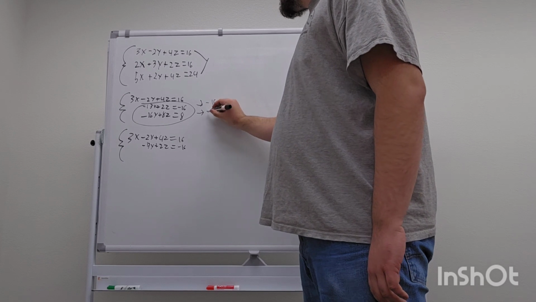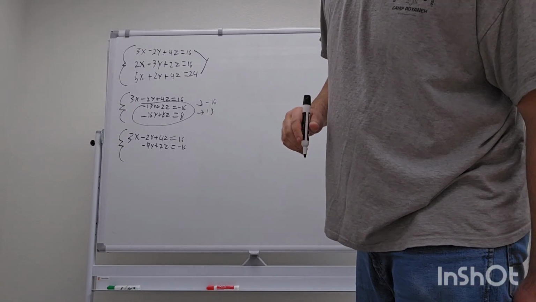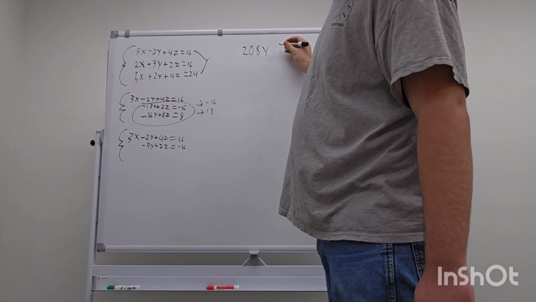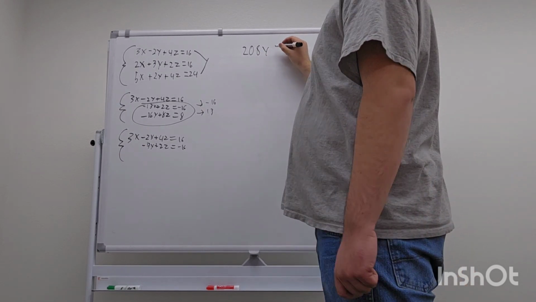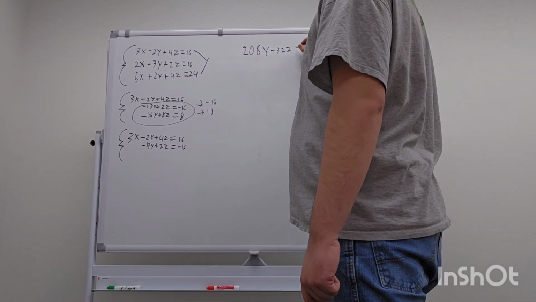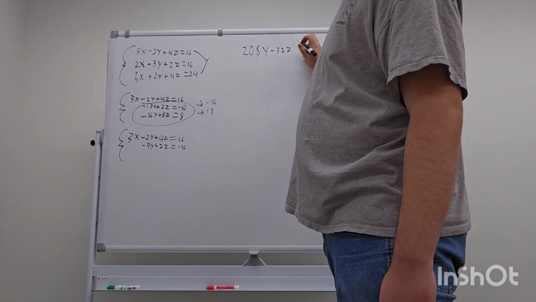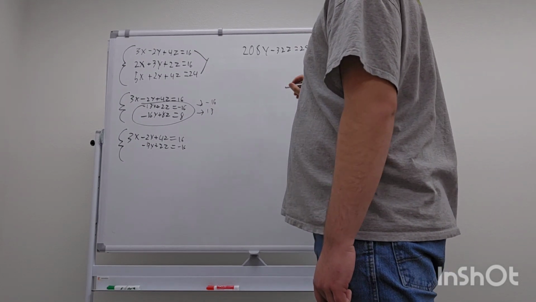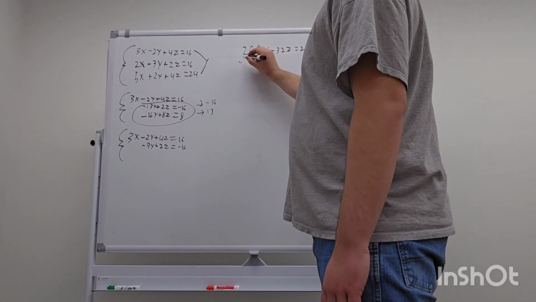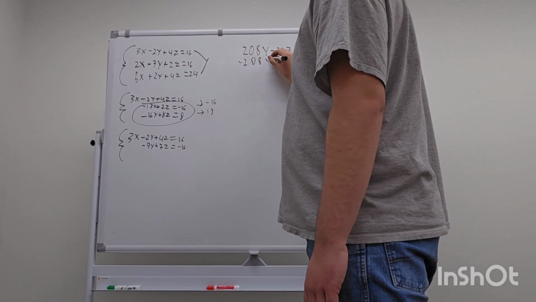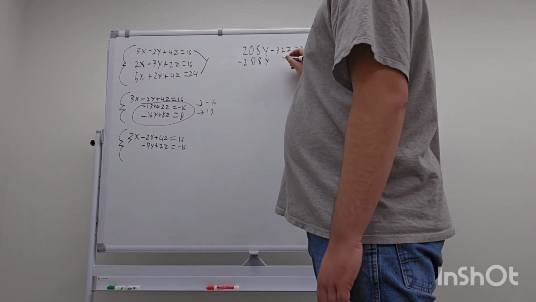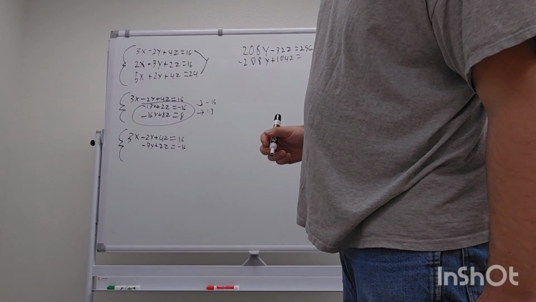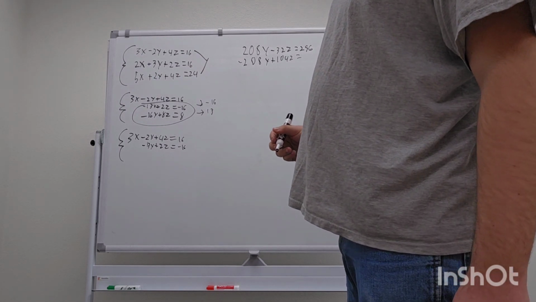Negative 16 and this equation by 13, which leads us to 208y minus 32z is equal to 256 over negative 208y plus 104z equals 104.